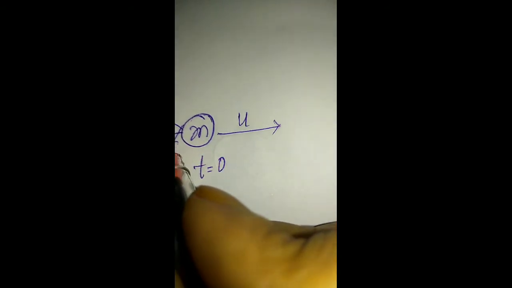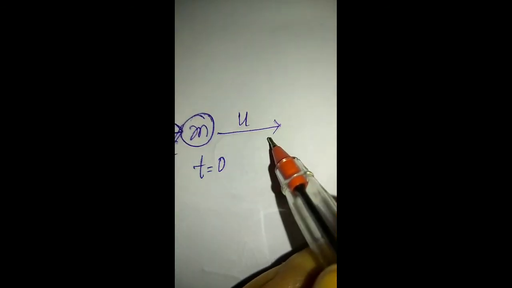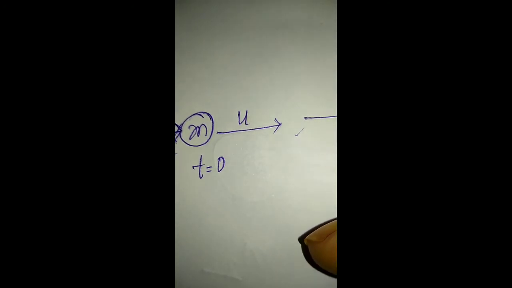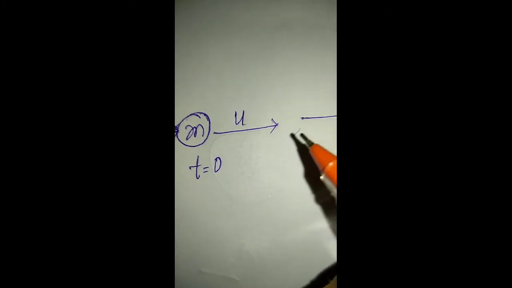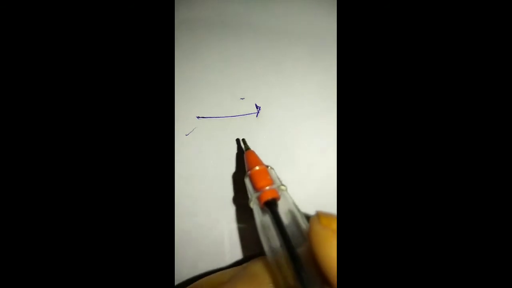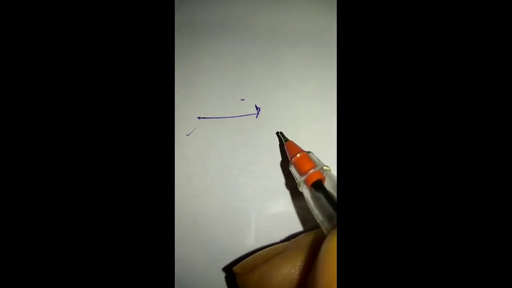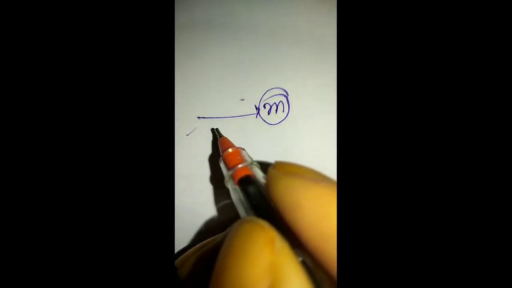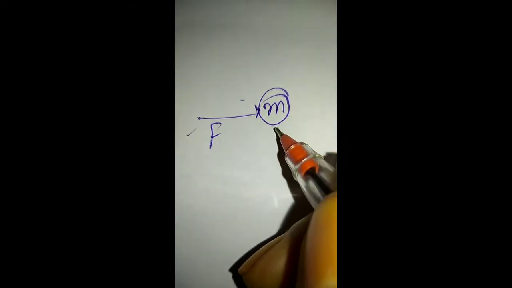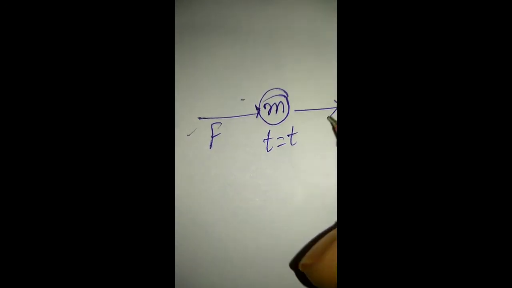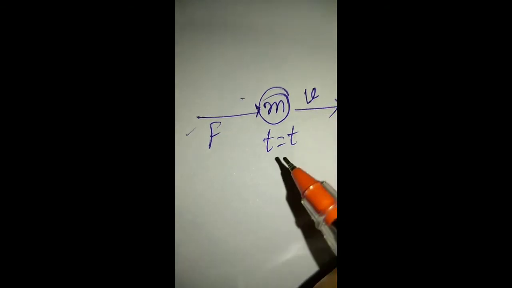Now when you apply the force, the body moves a little distance, so the body is displaced till here. So the force is F and the time is t. Now the velocity, let it be v.